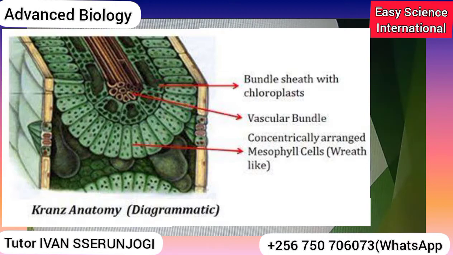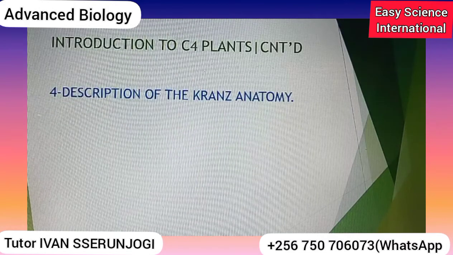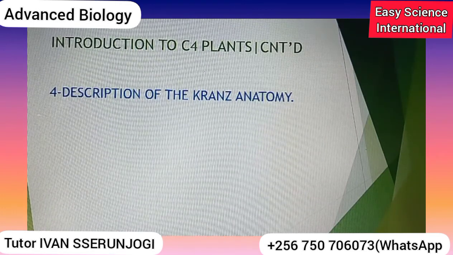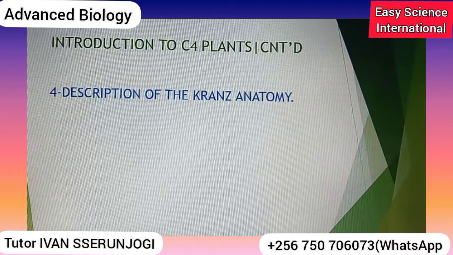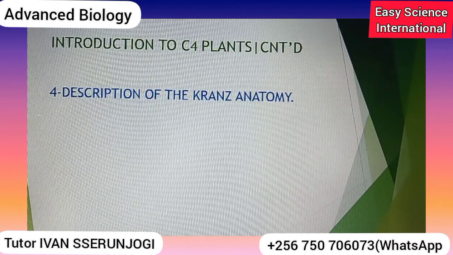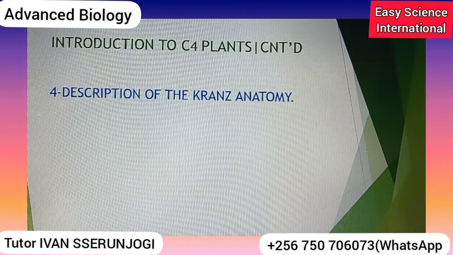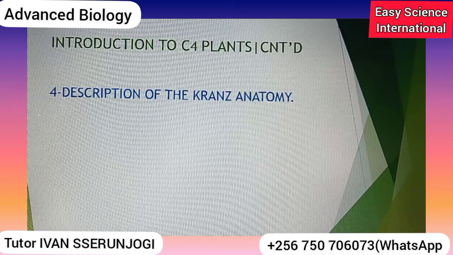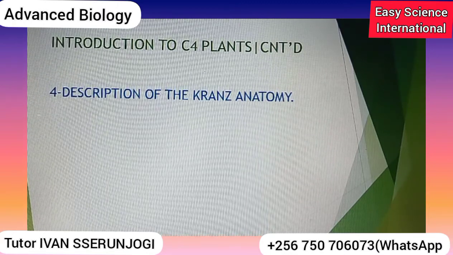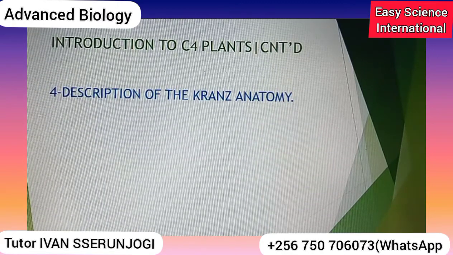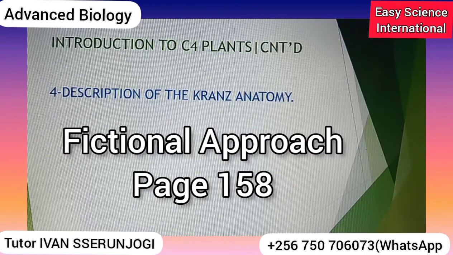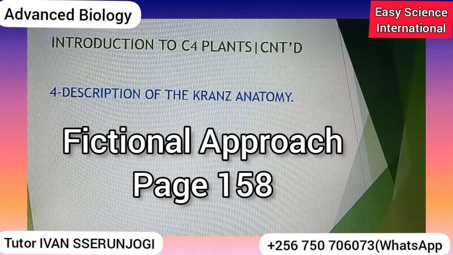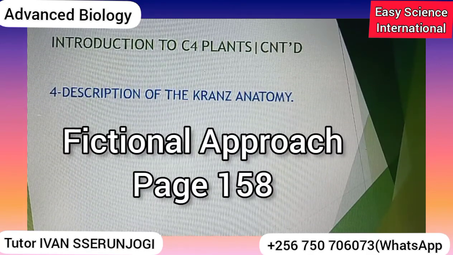Having looked at that, you can find the transverse section of a leaf of a C4 plant showing how bundle sheath cells and mesophyll cells are arranged around the vascular bundle. In short, the Kranz anatomy, in a textbook known as Functional Approach by Roberts, page 158.